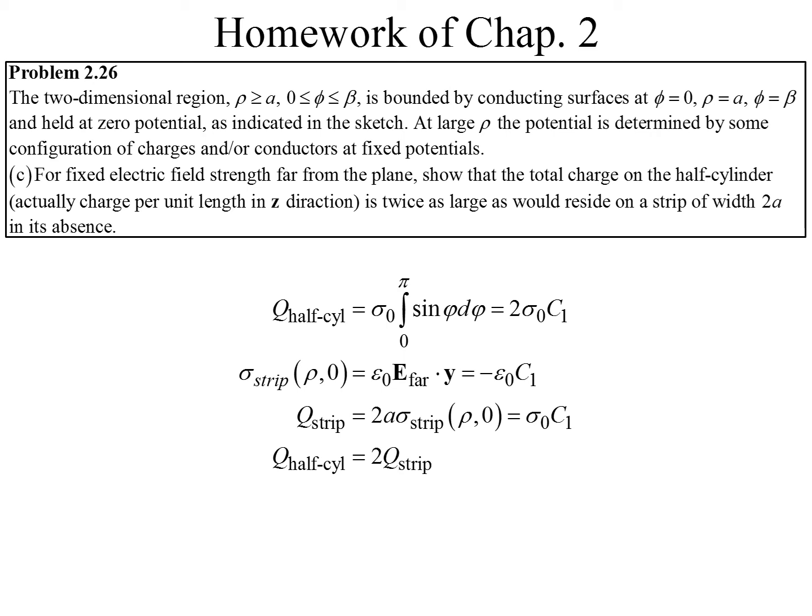The surface charge density on the strip is calculated from E far away, in the y direction. So the charge density is minus epsilon 0 times C1, and we integrate over the whole strip, whose length is 2a.